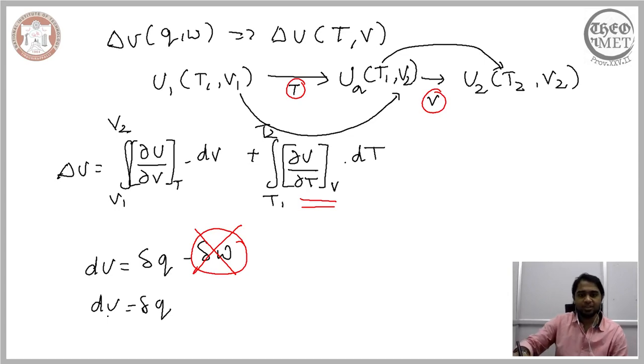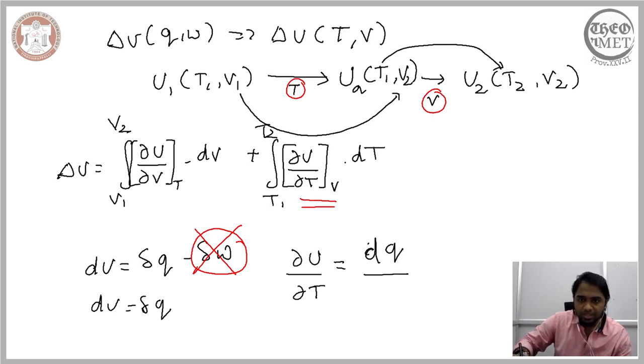In that case, this partial derivative of the change in the internal energy is nothing but the amount of heat transfer relative to the change in the temperature. So dq is the amount of heat transfer, or it can also be written with the d removed.